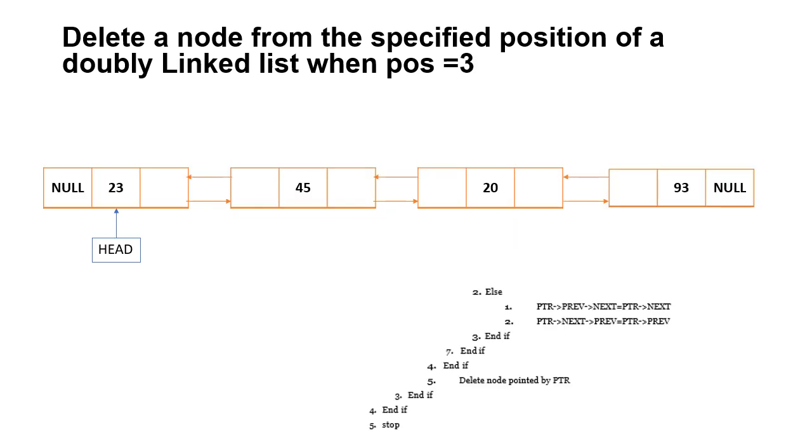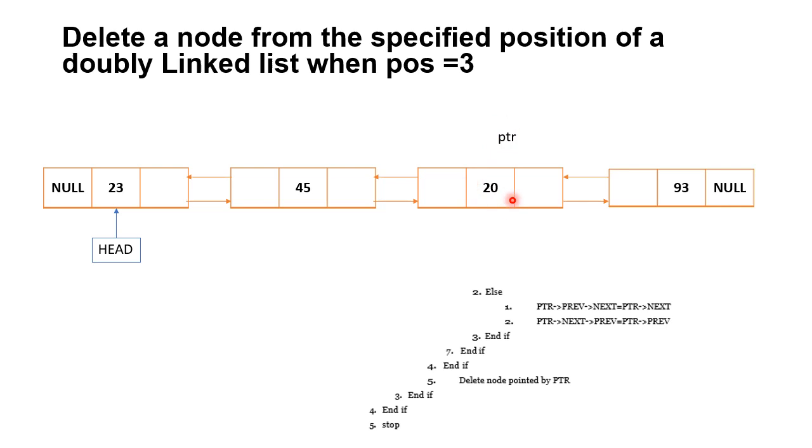Now let us discuss the next case, deleting a node from the specified position of a doubly linked list when position is equal to 3. So here this is position equal to 1, 2, 3. So you have to delete this particular node. And for that, you should start a pointer variable PTR. Change the pointer variable until we reach the node to be deleted.